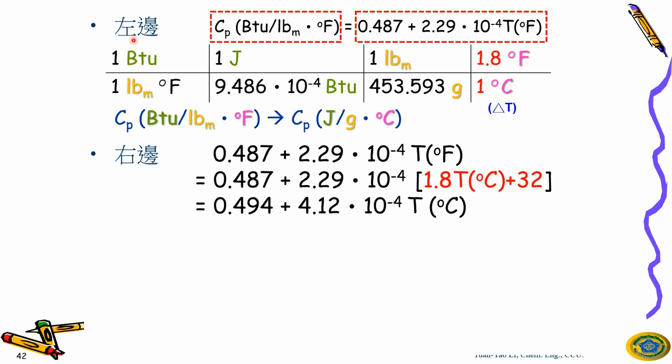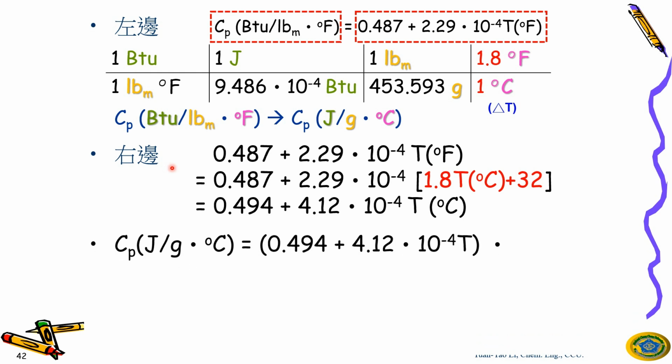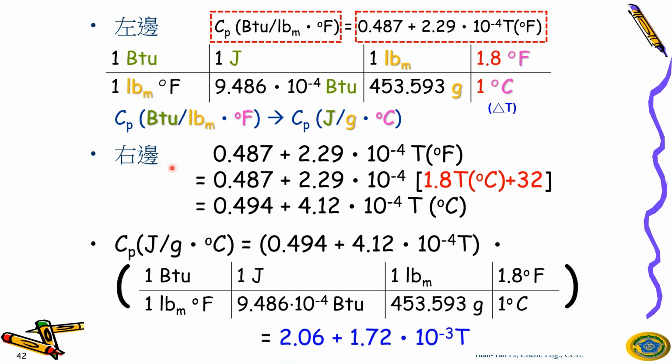So as a result on the left hand side and as a result on the right hand side, you get it together. So you found this is the answer. So Cp equals 2.06 plus 1.72 times 10 to the minus 3 T, where T is Celsius. Okay, so this is the value, this is the unit, this is the value. Don't miss out. Okay?